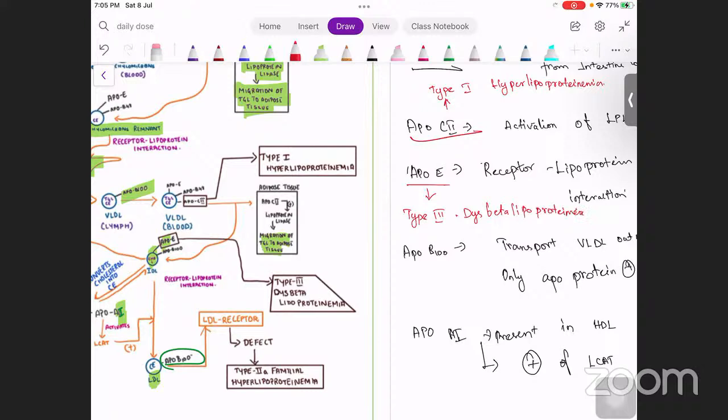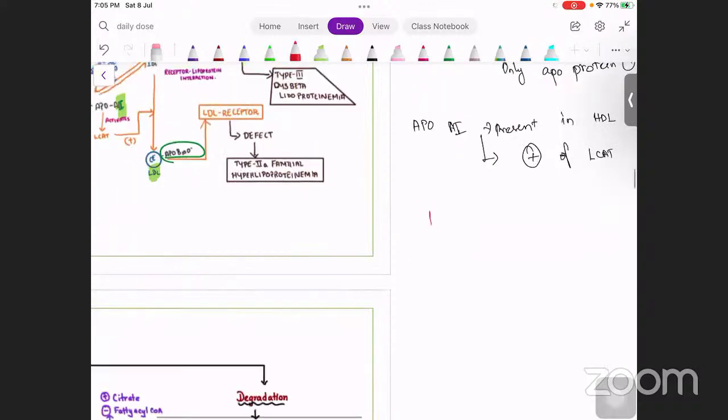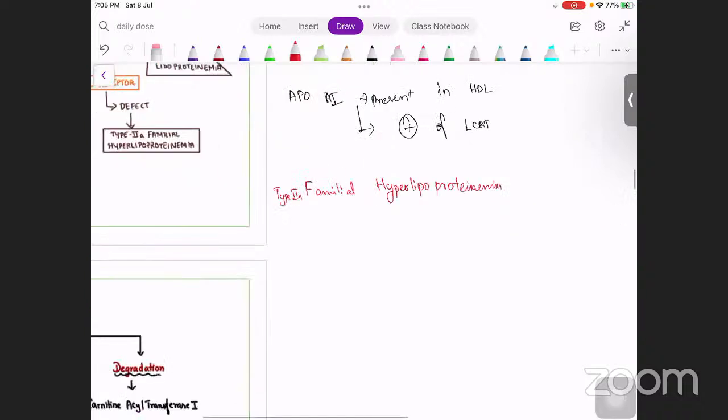Apart from that, there is an important one, type 2A familial hyperlipoproteinemia, which is due to LDL receptor defect.